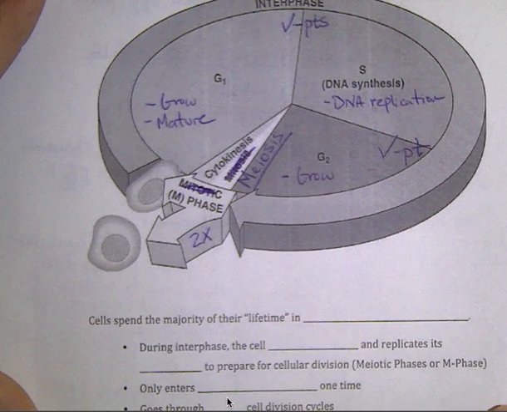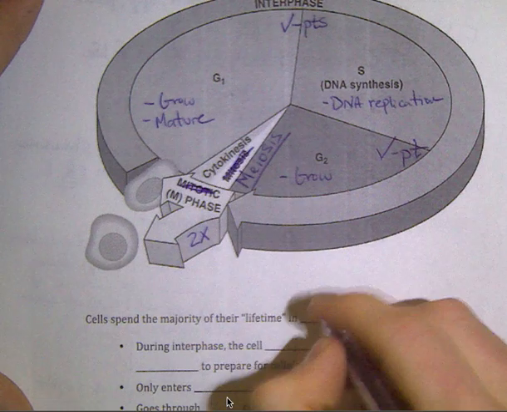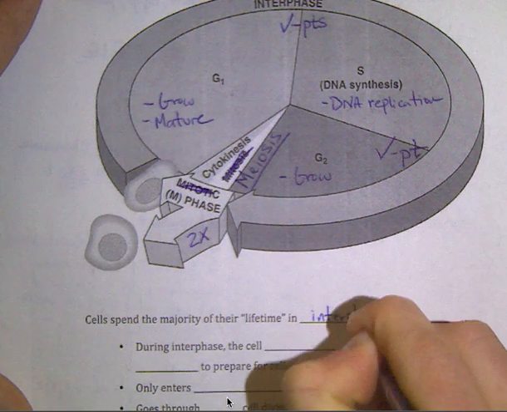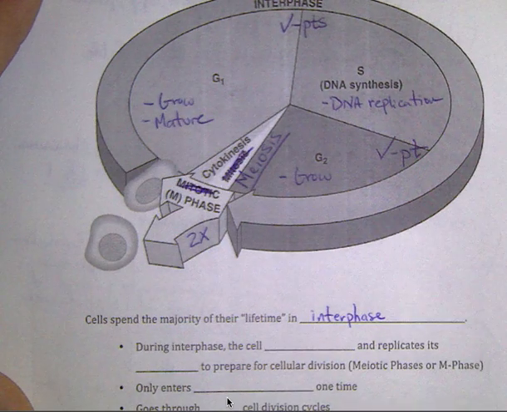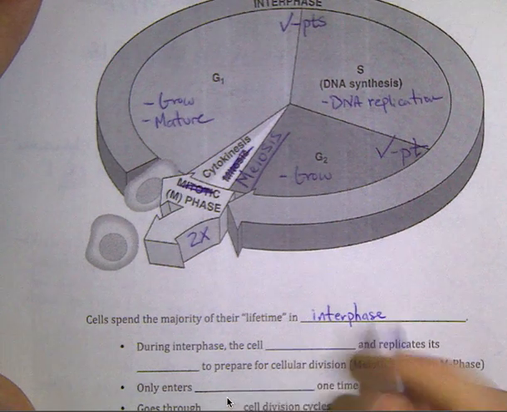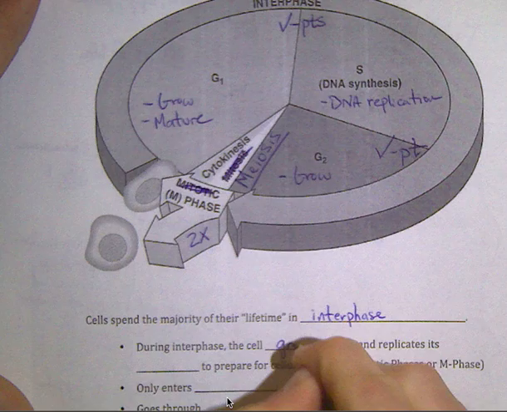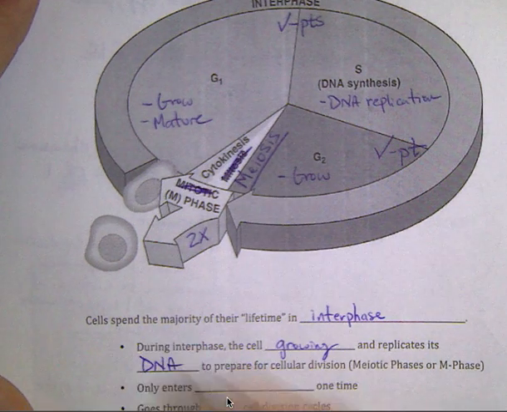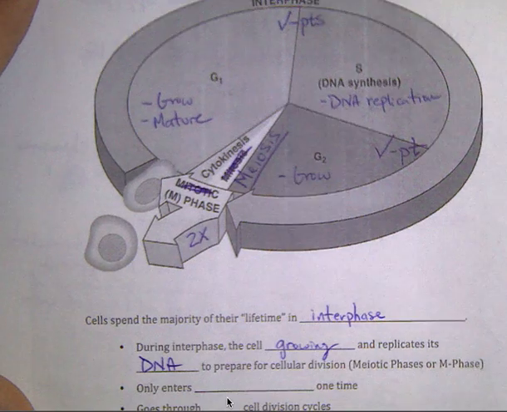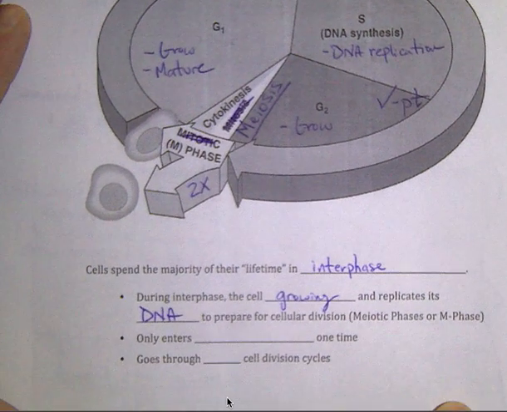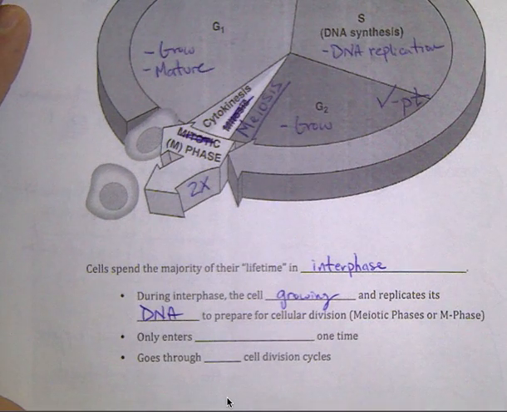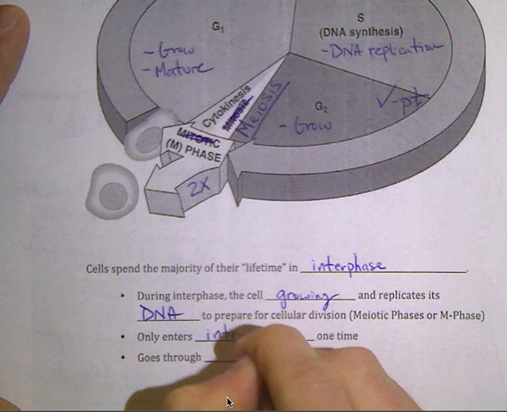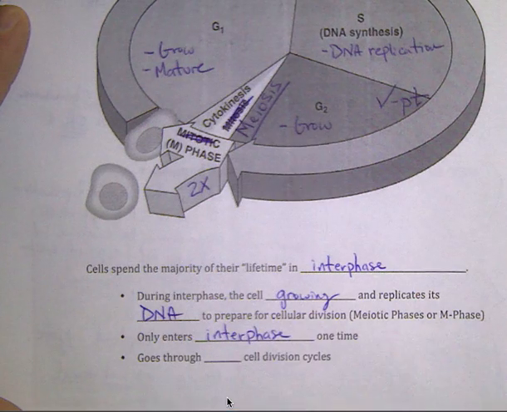So the cell is still spending the majority of its lifetime in interphase. And during interphase, the cell is still growing and replicating its DNA. Even though we go through 2 division processes, it only enters interphase 1 time.